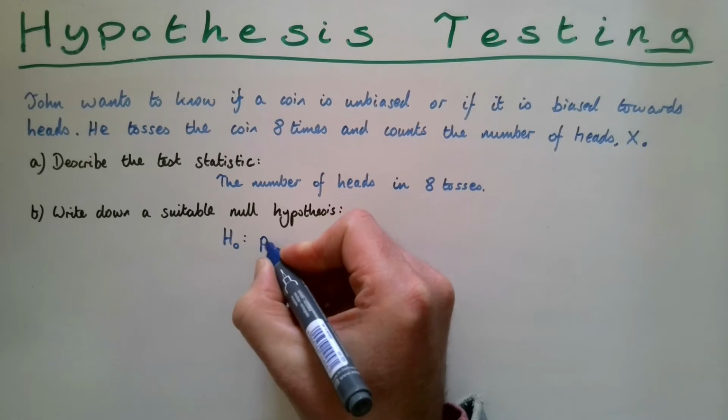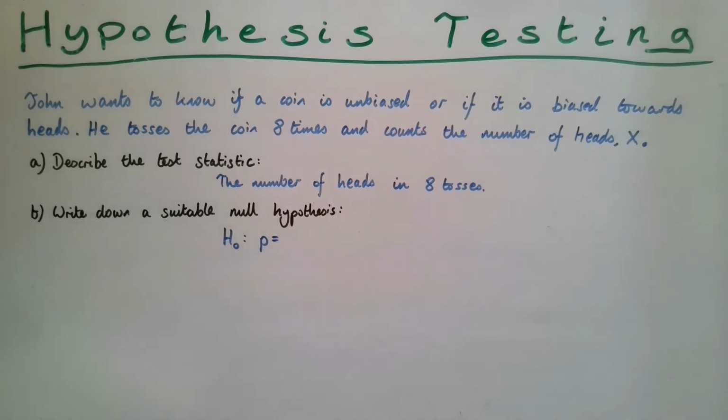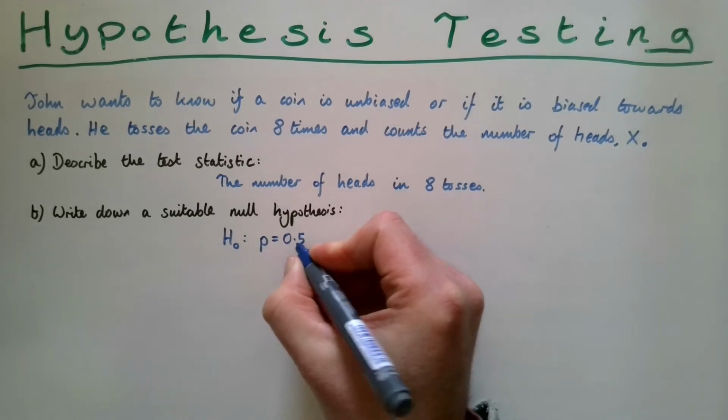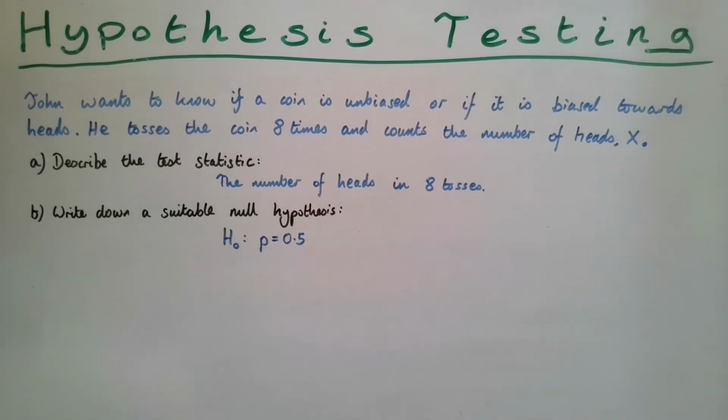And what we're assuming is that the number of heads that we're going to get, our test statistic, is going to be 4, isn't it, out of 8, but we're not saying that. What we're saying is the probability is a half, or is 0.5. Now he could get 6 heads and it would still be okay. Maybe, we're not sure. But anyway, what we're trying to prove is that the probability is 0.5.